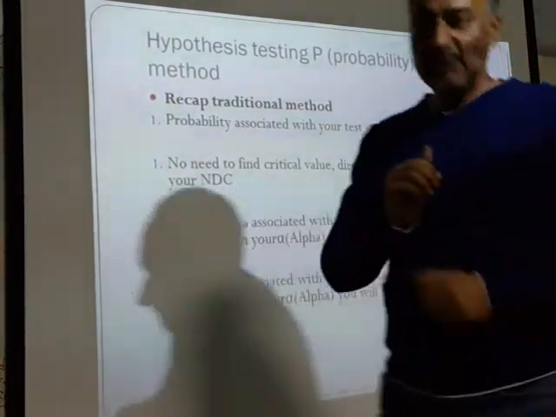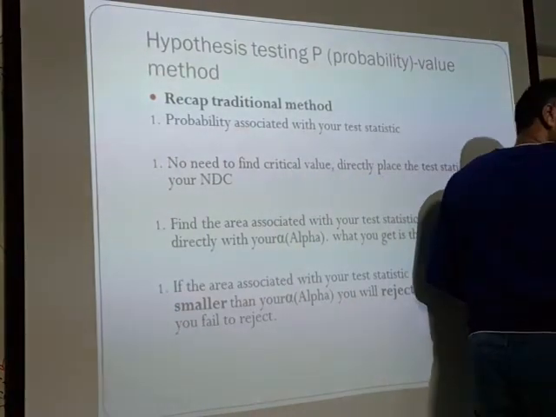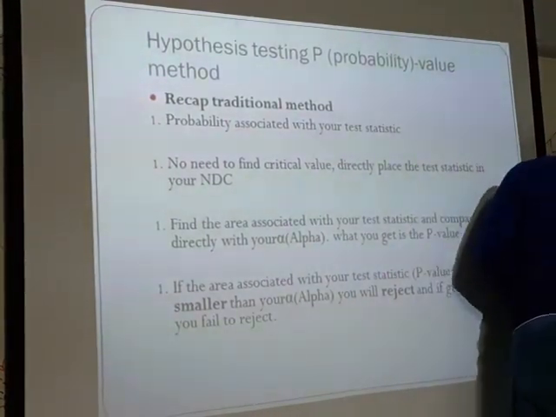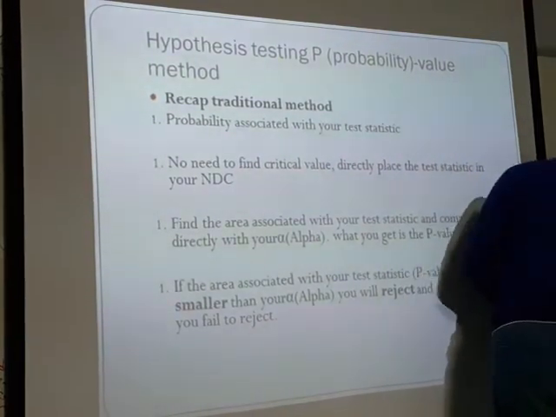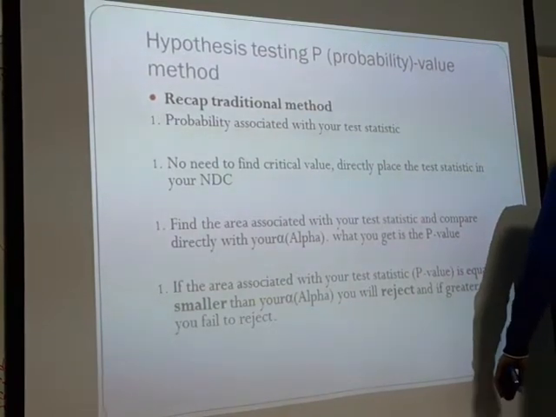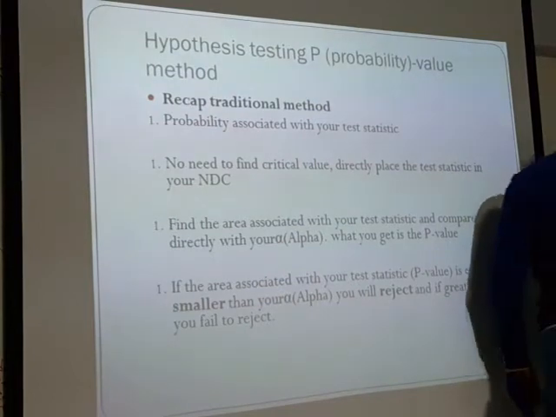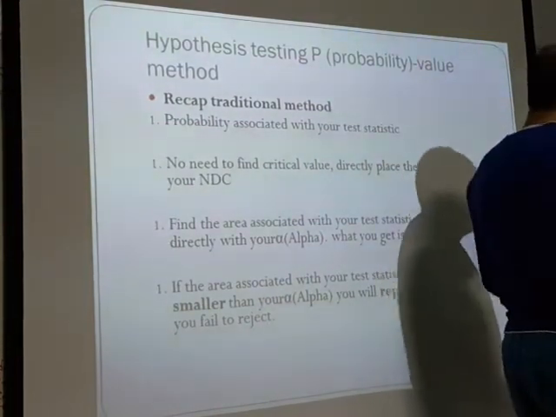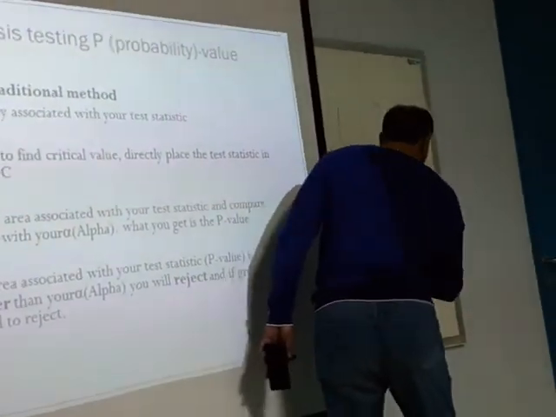Okay. Now, in the second situation, instead of finding out these critical values and other things, I will be directly putting my p-value here. What is alpha? Do you have any idea about the alpha here? This is a normal distribution.